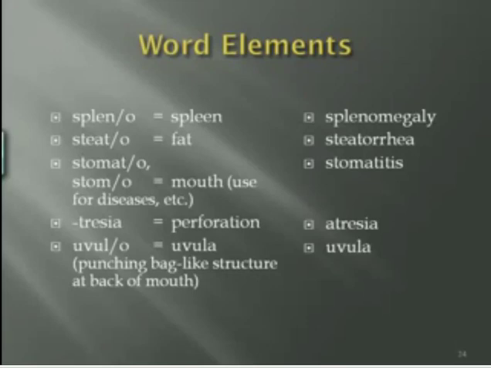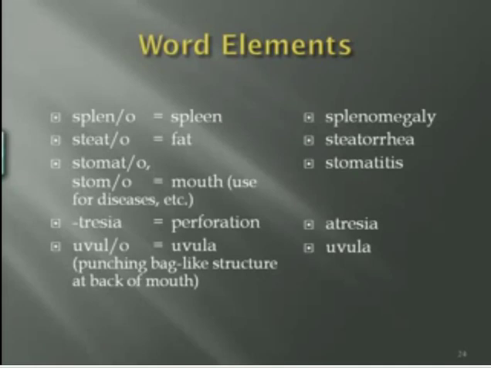Steato is fat, so steatorrhea, someone's got diarrhea that's made up of a lot of fat. You might have heard of Alli or Olestra. If someone eats too much fat and they're taking these medications, they might suffer from steatorrhea. Stomato is mouth, so stomatitis, stuff that tomato in your mouth.